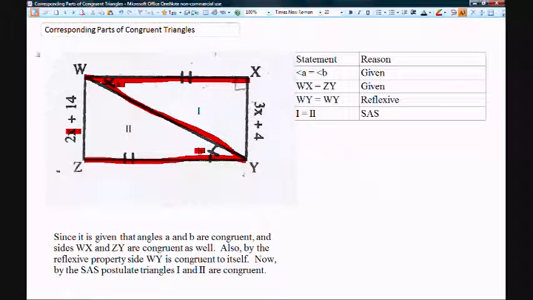Now that you have proven that these two triangles are congruent, you know that this side is congruent to this side.